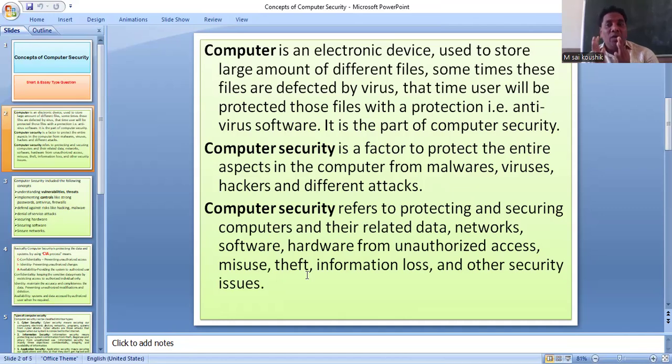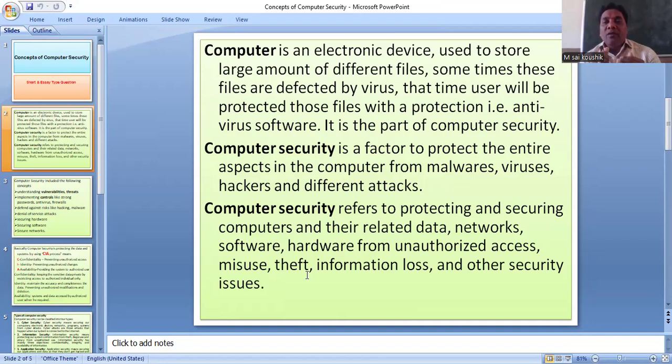This is the main role of computer security. Coming to the second paragraph: computer security is a factor to protect the entire aspects in the computer from malwares, viruses, hackers, and different attacks. This is the main cause of computer security.